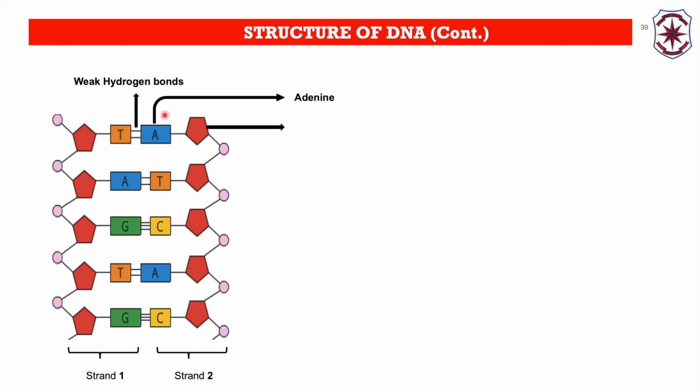And then there, what do we have there? Remember, in a nucleotide, we have three components: a phosphate group, a sugar portion, and a nitrogenous base. So we have specified that this nitrogenous base is adenine, and nitrogenous bases are always attached to the sugar portion.